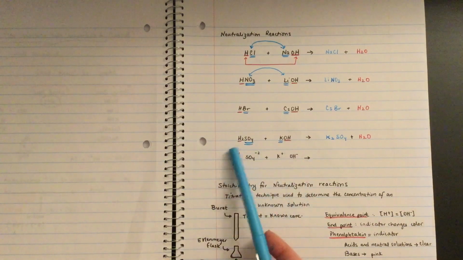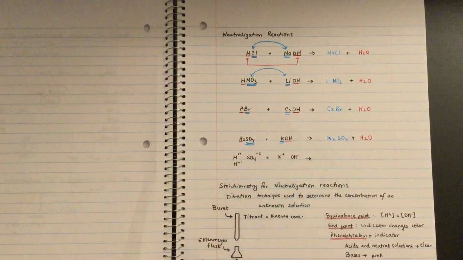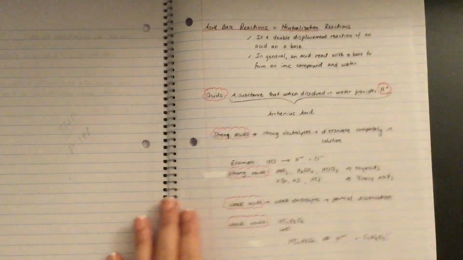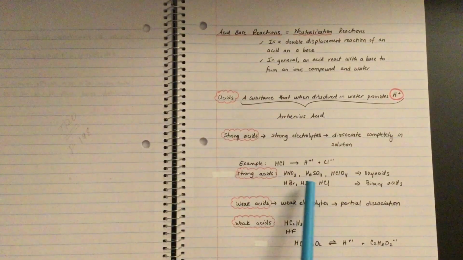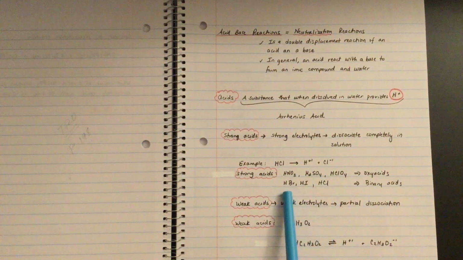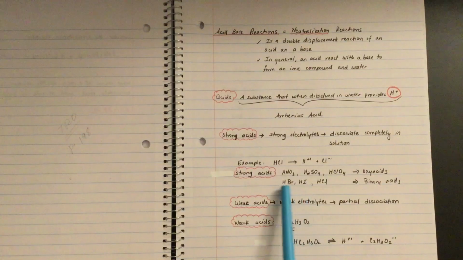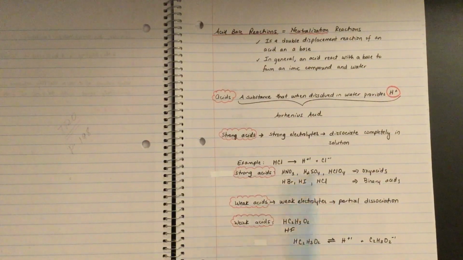Now I have here another neutralization reaction. That one is between sulfuric acid and potassium hydroxide. Sulfuric acid, if you check your list of strong acids, going back, for all of them you have one proton, and one.